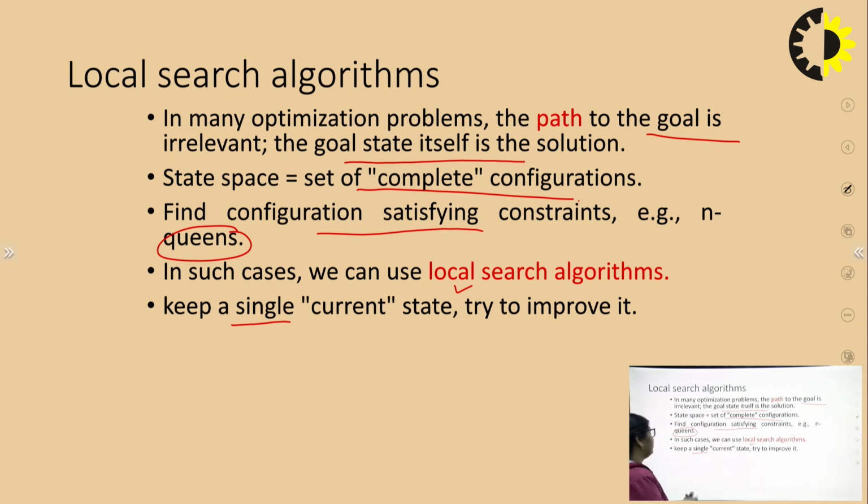No, we have just the current state and we try to improve it. So from local search algorithms we learn two points: we take the current state and try to improve it, and we are not talking about the path. The path is not important. We are talking about finding a state that satisfies the constraints, that is our goal state.